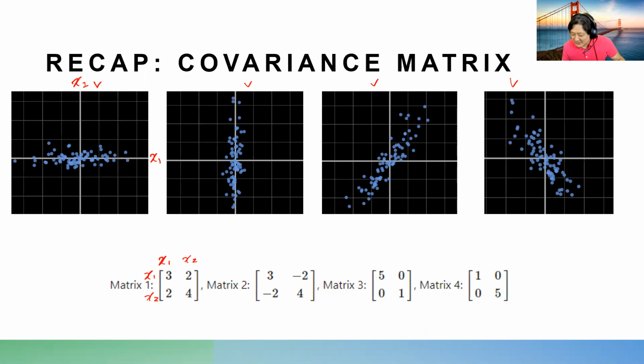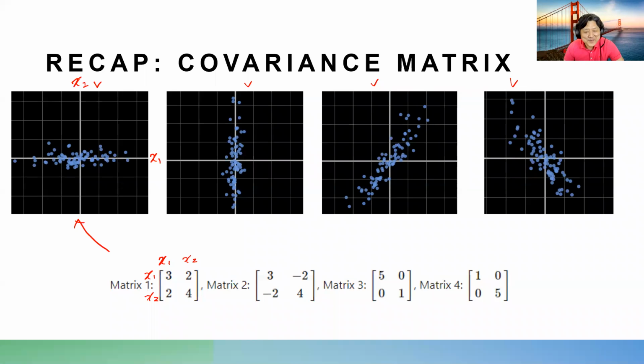Can you guess which covariance matrix explains this scatter plot? Matrix 1, 2, 3, 4. Which one? 3? I guess it's 3. Do you all agree? Is it 4?